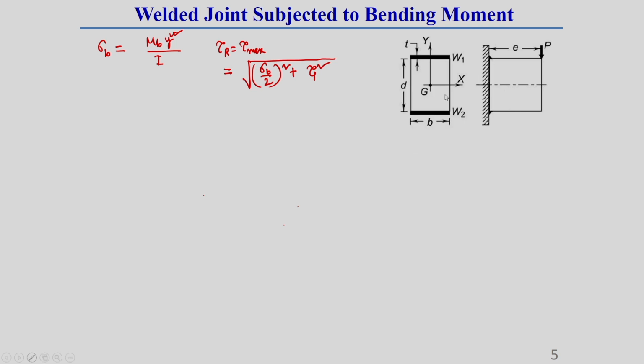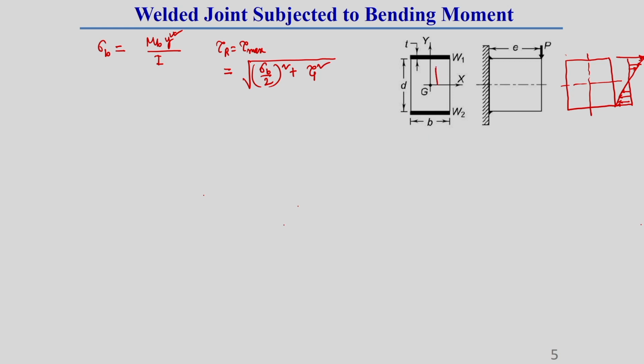You are already familiar with the beam cross section: due to load P, if you consider the neutral axis, the stress distribution due to this bending moment looks like this. The stress is maximum at the top fiber of the beam.